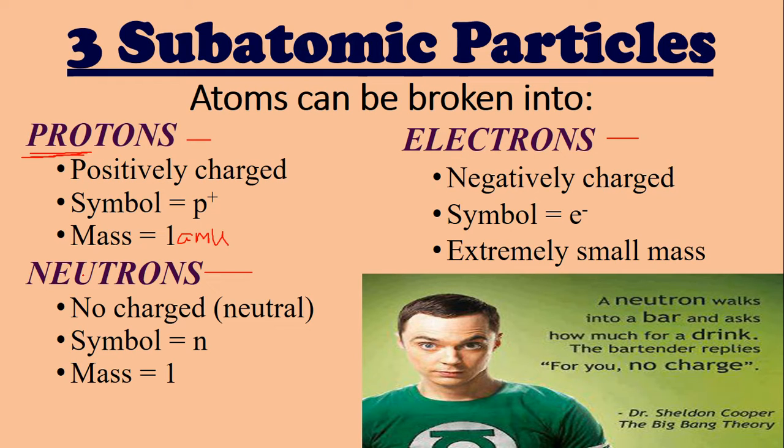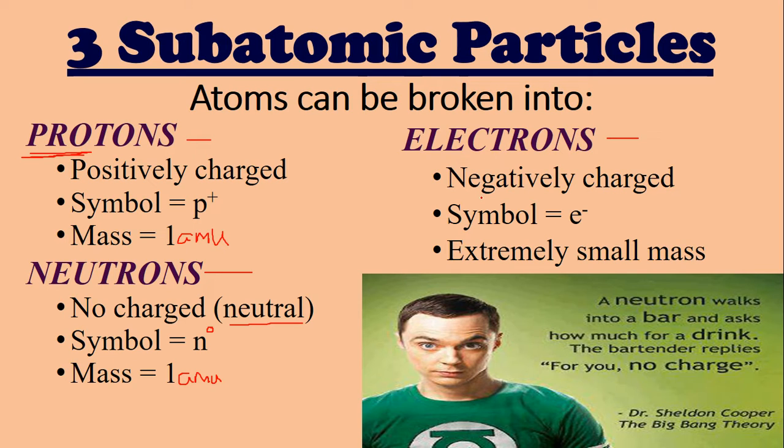A neutron, it looks like the word neutral, means it doesn't have a charge. Its symbol is an N. Sometimes you can see an N with a 0 on it. And its mass is 1 AMU as well. A proton and a neutron have about the same mass, so we're just going to say 1.